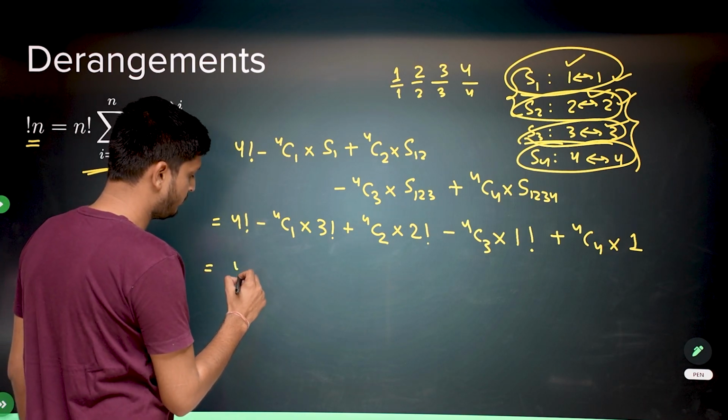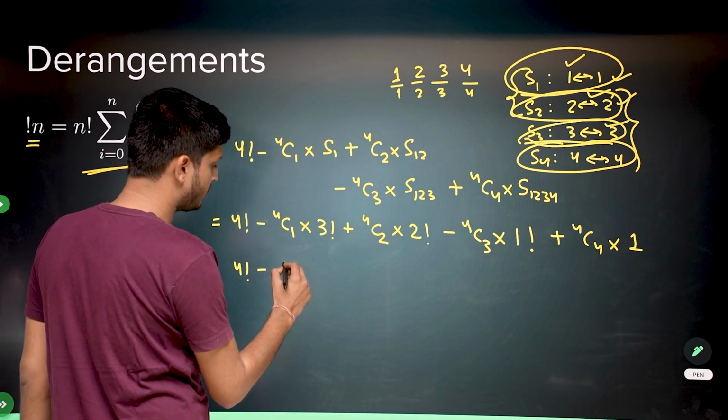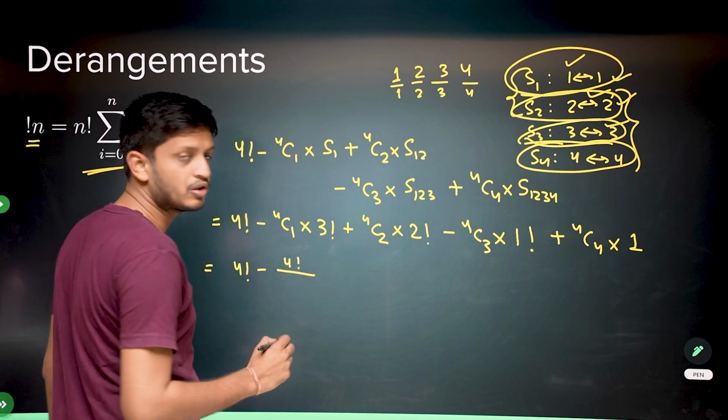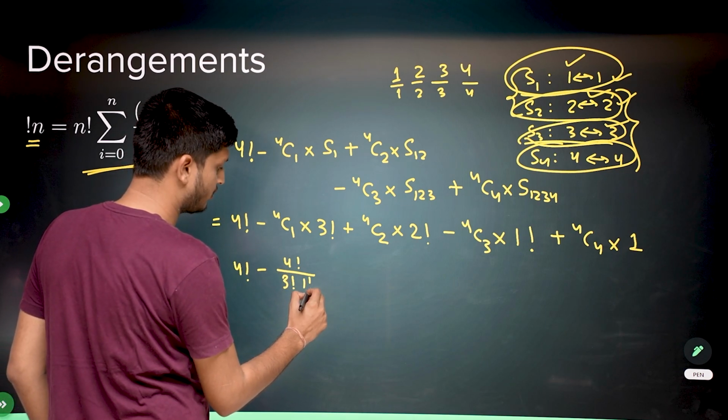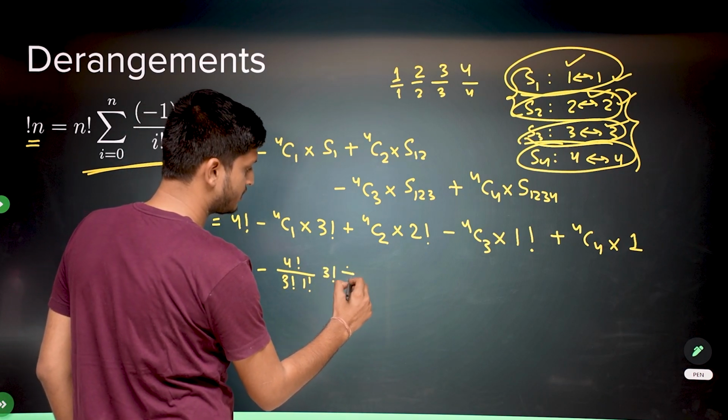So what will this become? 4 factorial minus, what is 4C1? n factorial upon n minus r factorial times r factorial, so 4 factorial upon 3 factorial 1 factorial times 3 factorial, plus what is 4C2?